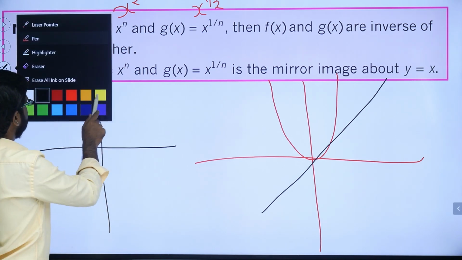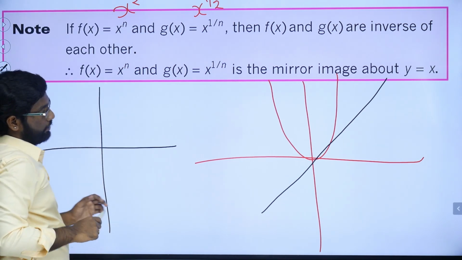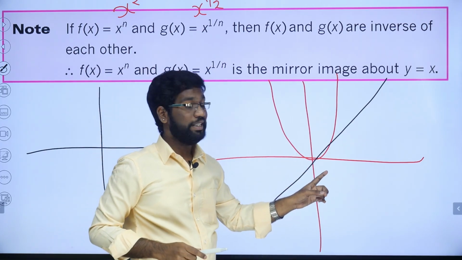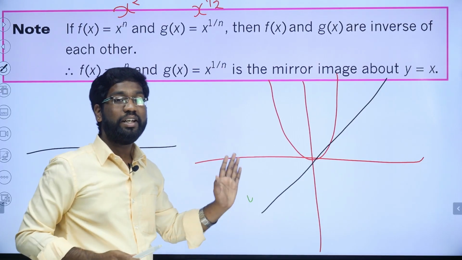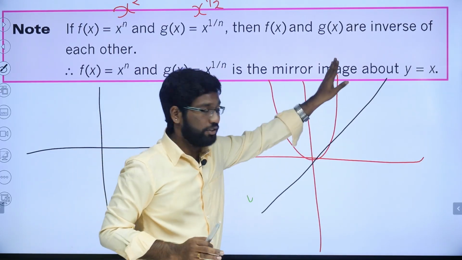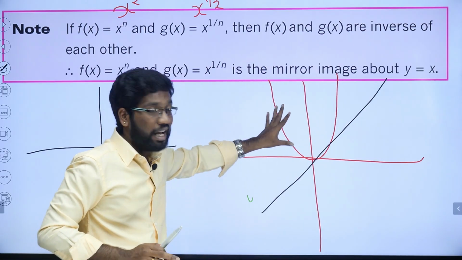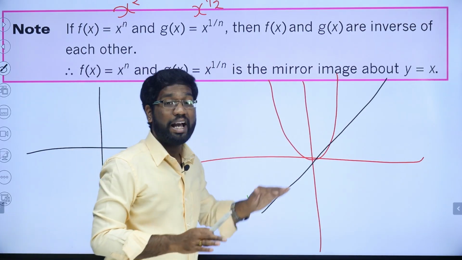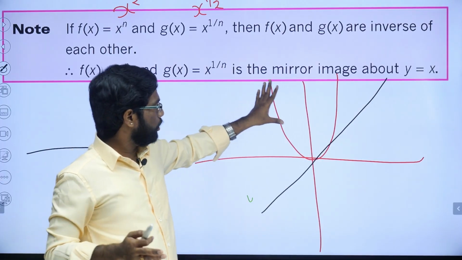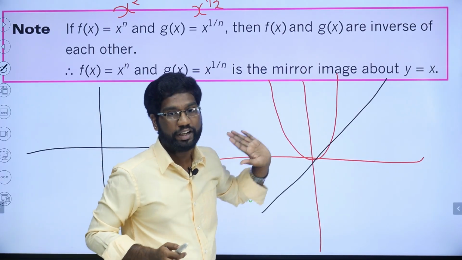Already I have said, my dear students, this graph is only possible in the first quadrant. So I will omit these parts, because I don't need them. In my domain I have taken from 0 to infinity only.